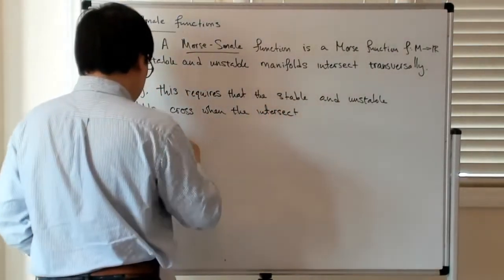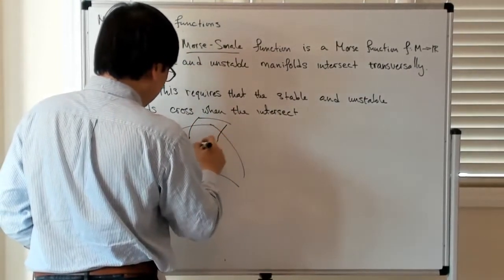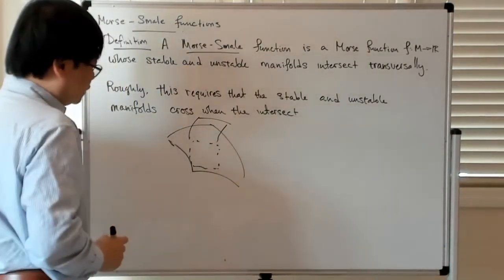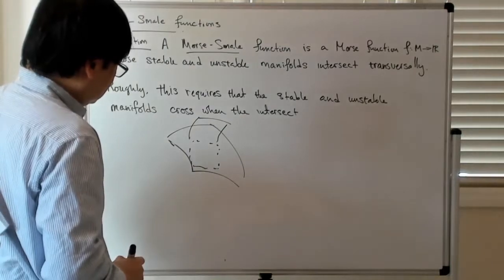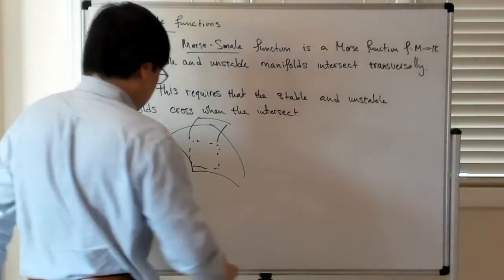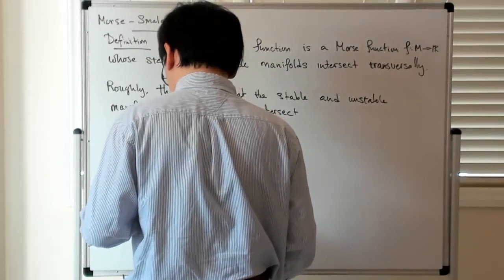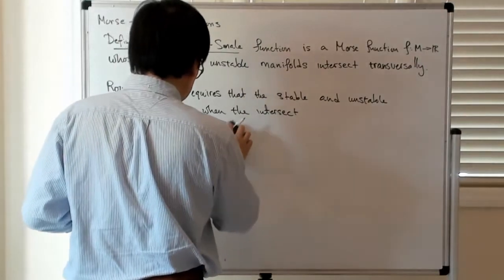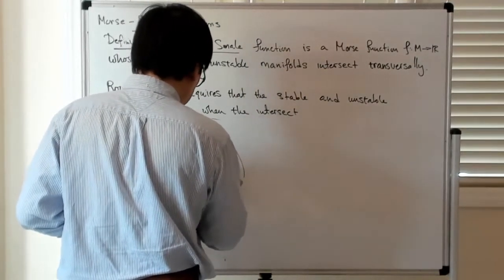Imagine you have one stable manifold, and an unstable manifold which crosses this. Maybe this is a hard picture.